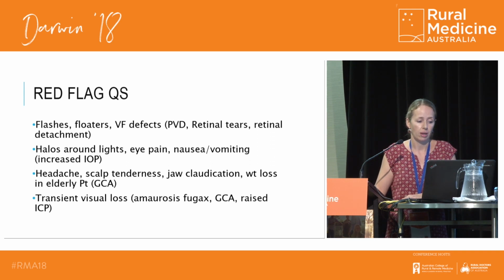In elderly patients, any signs or symptoms of giant cell arteritis or temporal arteritis, always be on the alert for GCA in older patients who come in, whether they come in with diplopia or some transient vision loss. Transient vision loss could also be raised intracranial pressure or amaurosis fugax.